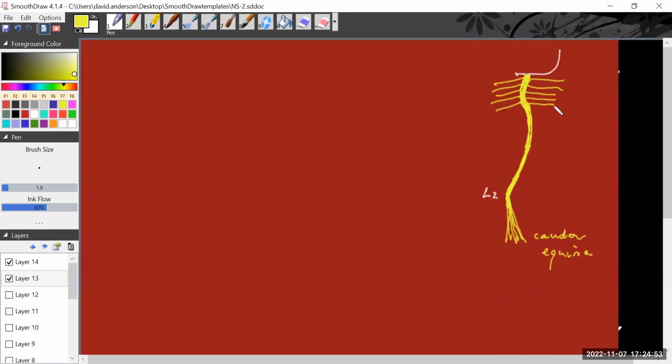Okay, and if we looked at a cross section, so if we take out a cross section, okay, we're going to look at it now from a cross section. We're taking a slice of the spinal cord. And at the back, so this will be dorsal. I'll label it in a minute.